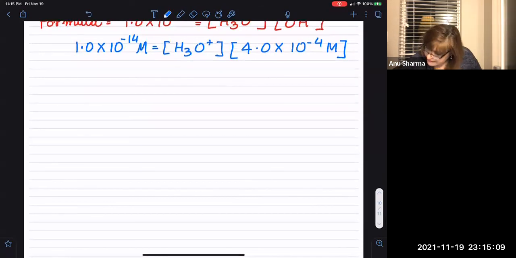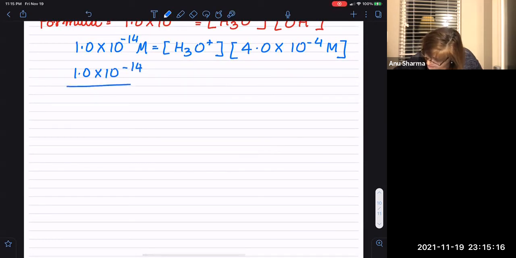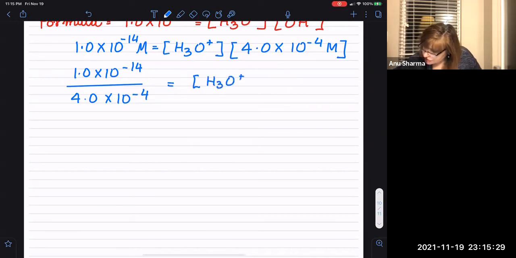So when you solve this, it becomes 1.0 times 10 to the power negative 14 divided by 4.0 times 10 to the power negative 4, which is equal to the hydronium ion concentration.